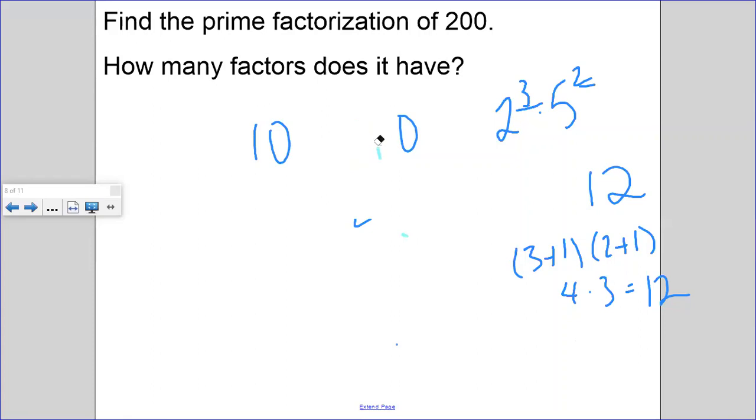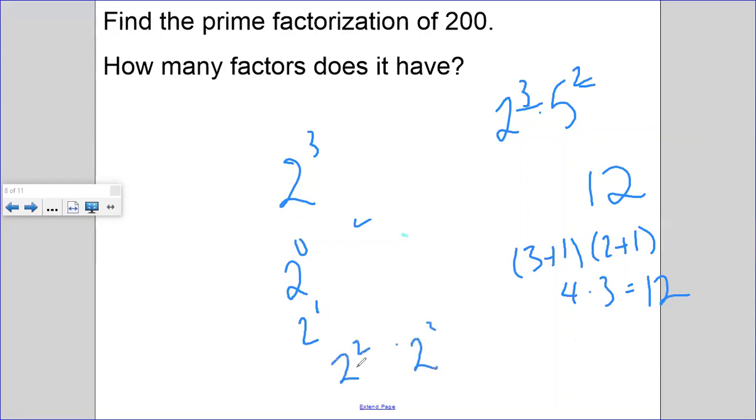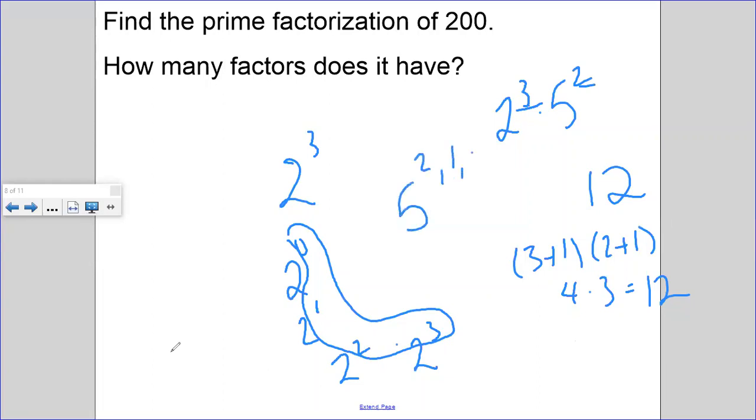Essentially what we're saying is, how many options do you have? If I have 2 cubed, my powers are possibly 0, 1, 2, or 3, meaning I have 4 options that I could pick from this. For the 5 squared, I could have 2, 1, or 0.